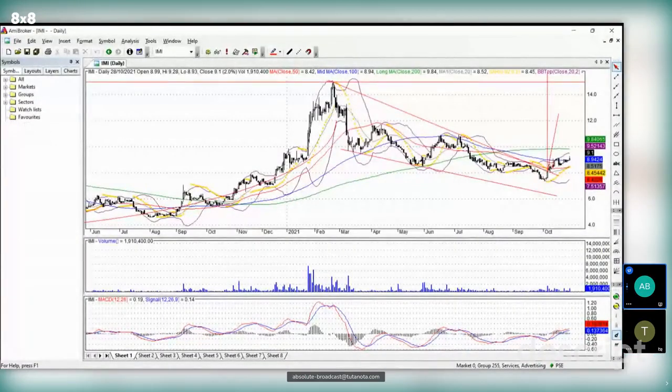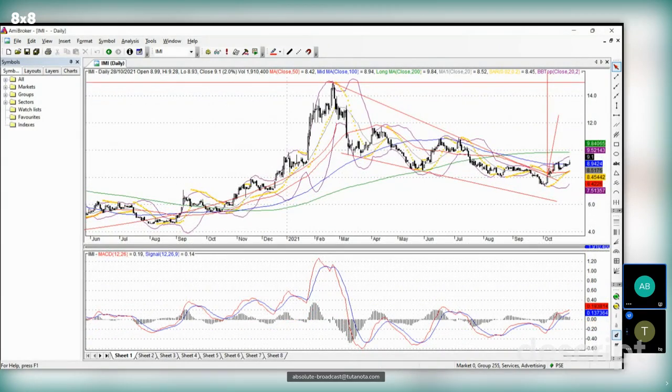Okay, so we have a chart here. Chart of IMI, Integrated Micro-Electronics. In case hindi nyo alam, this is an Ayala company. Essentially, the way I use the MACD kasi, let's say, starting from February, yung recent high of IMI, 'di ba?